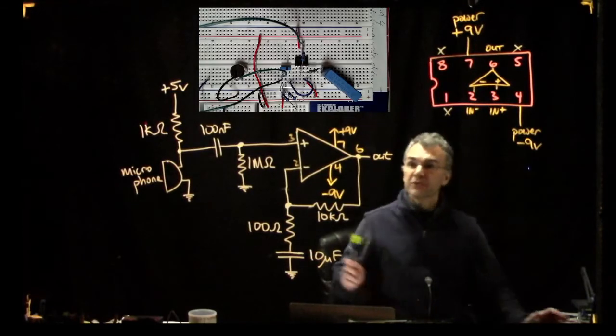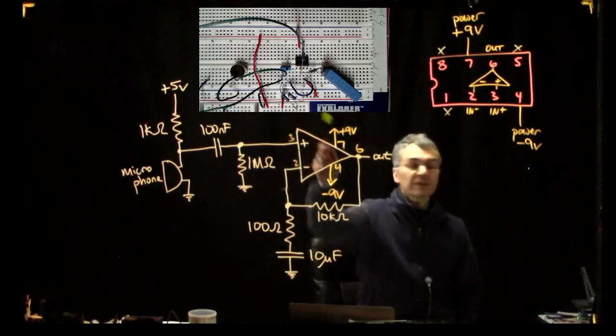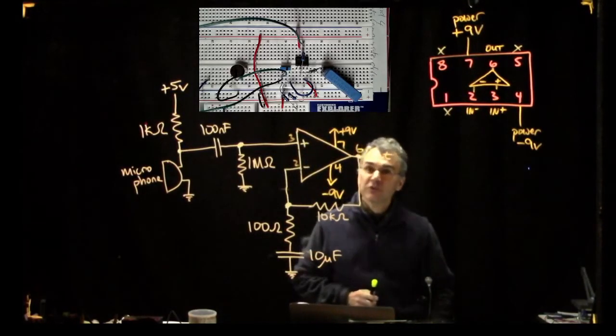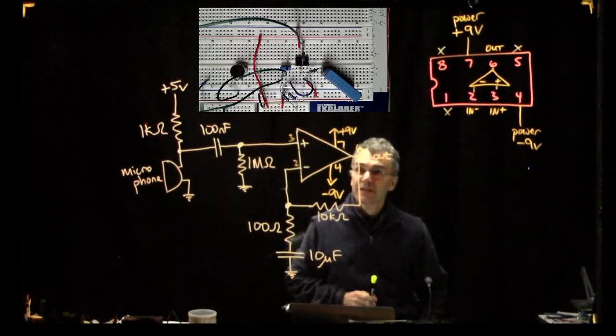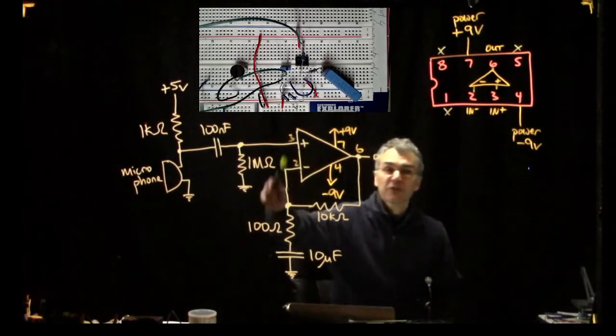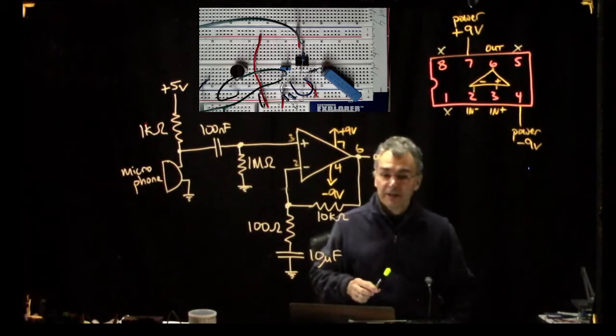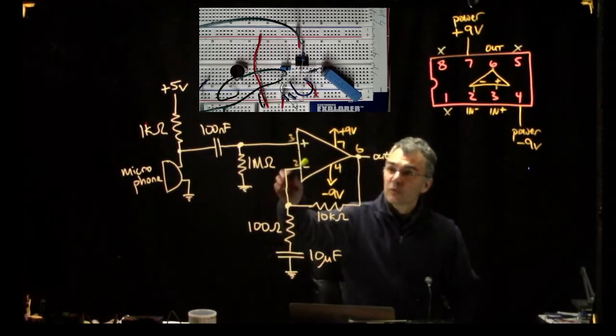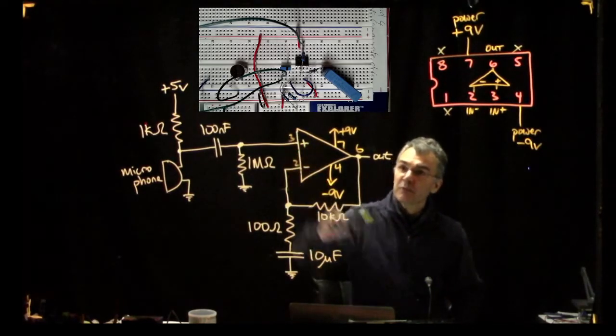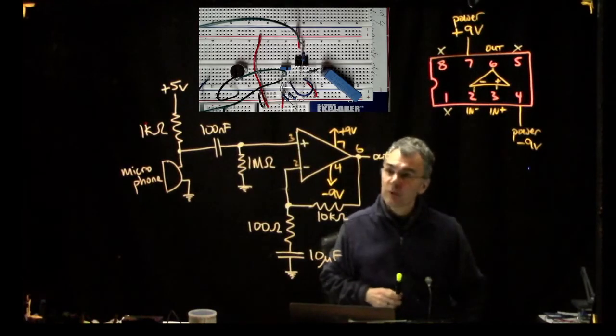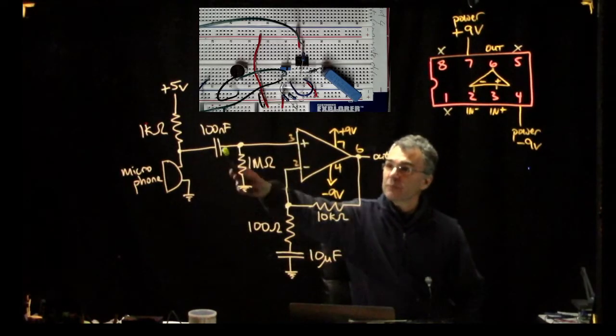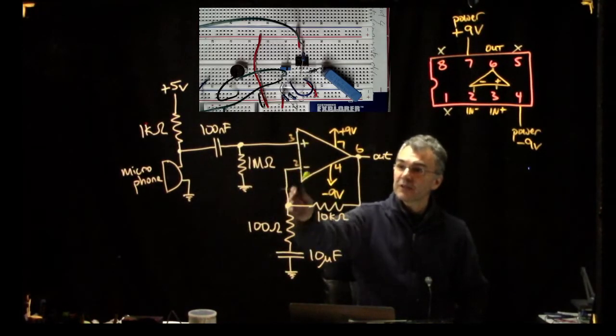Okay, so we built this circuit over here, and we'll look more closely at that in a moment, but let's go around the circuit diagram a little bit. For one thing, we put the op-amp symbol upside down from the way we normally draw it, because the input is into the non-inverting input.